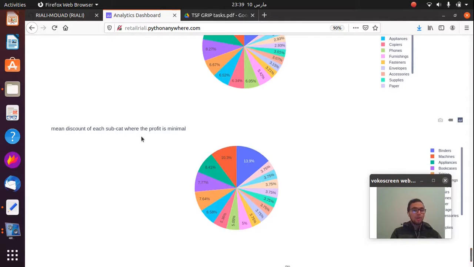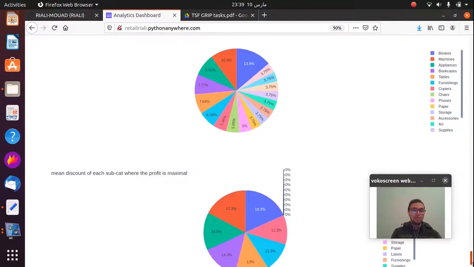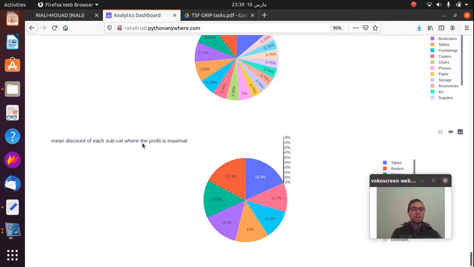Here where the profit is negative or minimal, we have a 0.74 discount rate for the same subcategory, the binders. But where the profit is maximal, we have just a discount rate of 0.21 to 0.22, for instance for the tables, and for the binders it's just 0.2, or 20%.